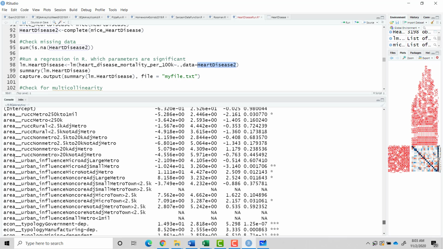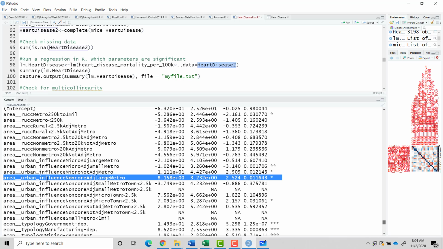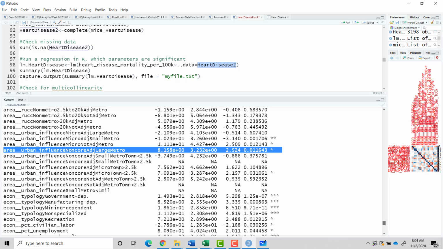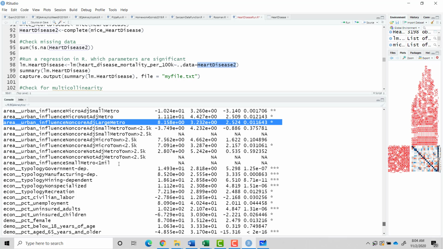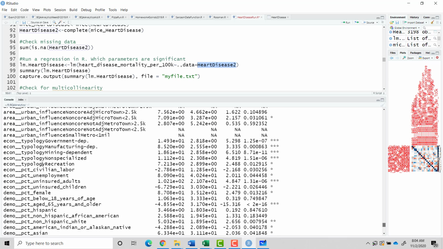The same with urban influence. You can see the micropolitan adjacent to the metro is lower than the big metro, but the non-core is larger, so this is maybe more of an industrial area. So remember, when you're doing regression, you've got to think what the base category is and what you're doing relative to it. And the same with the econ typology.